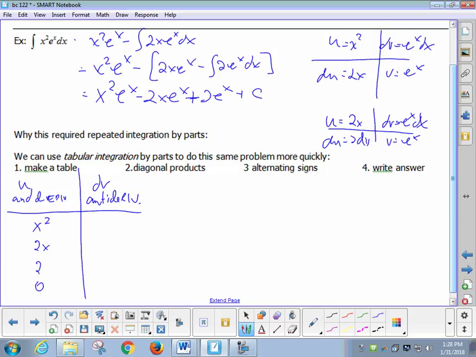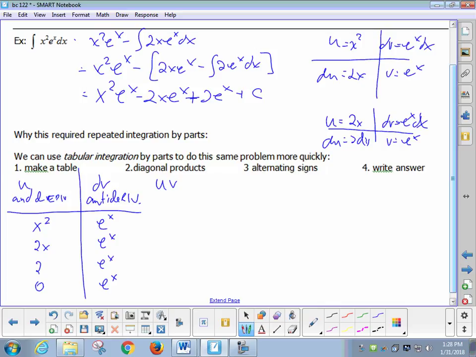You continue until they go away. dv is e to the x, and you anti-differentiate these until you basically match the last column in that one. You follow me? Yeah.